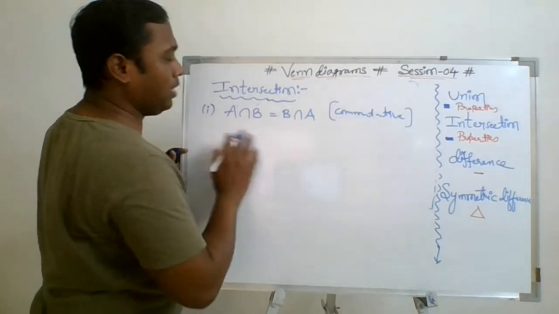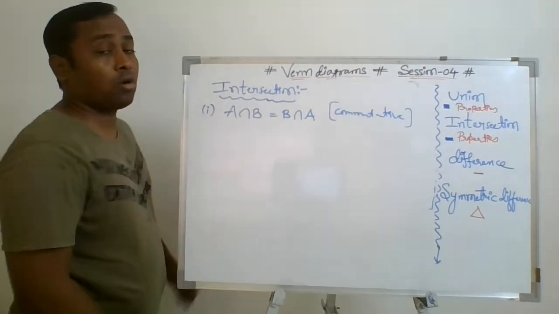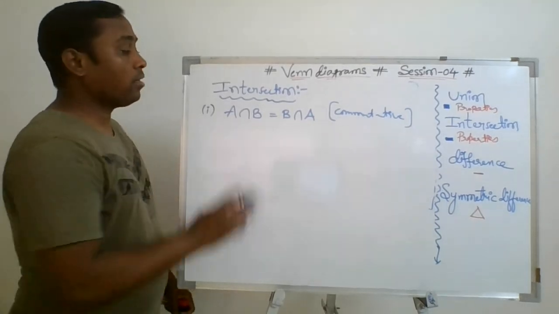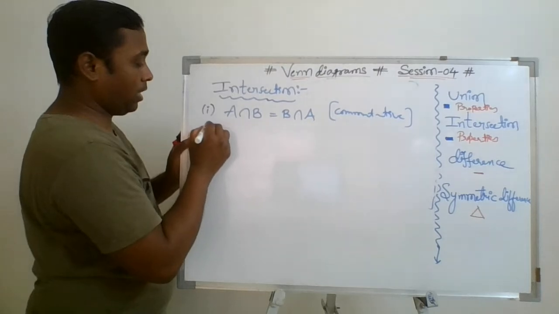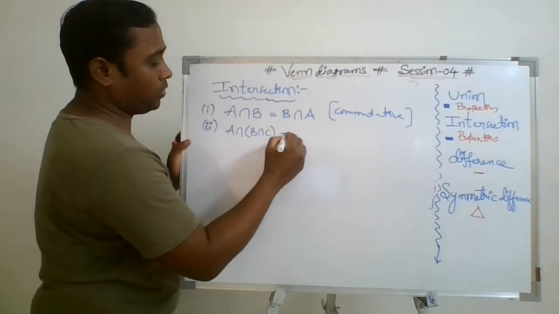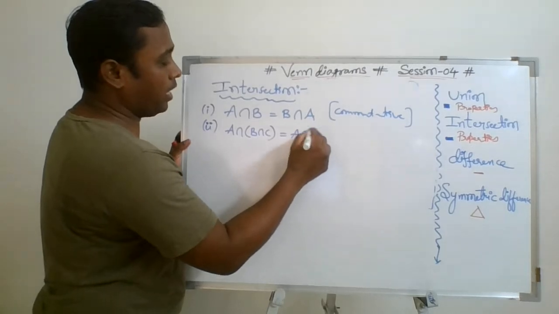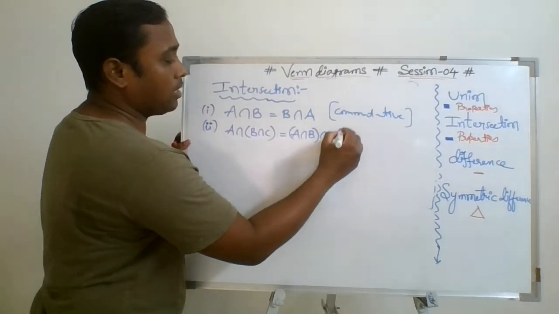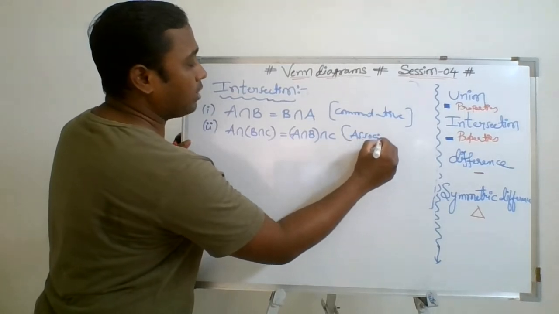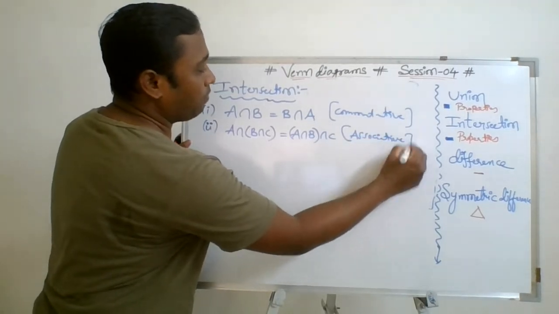It means that while doing the intersection, order is not important. Similarly, A intersection (B intersection C) is always equal to (A intersection B) intersection C, which we call the associative property.